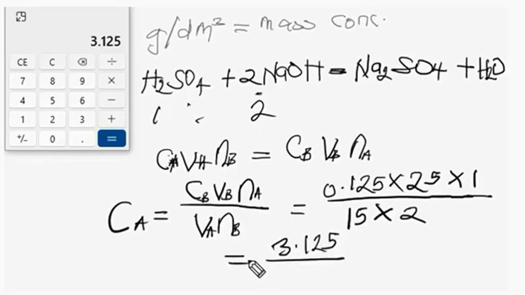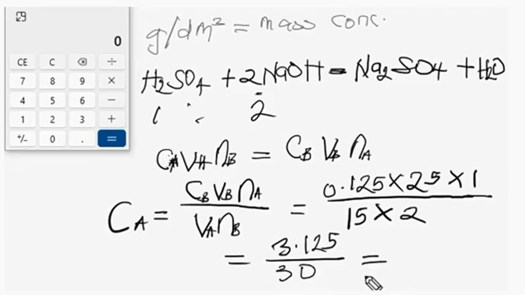Over, so here below we have 15 times 2, and that's 30. So we'll just simply go ahead and write 30 here.